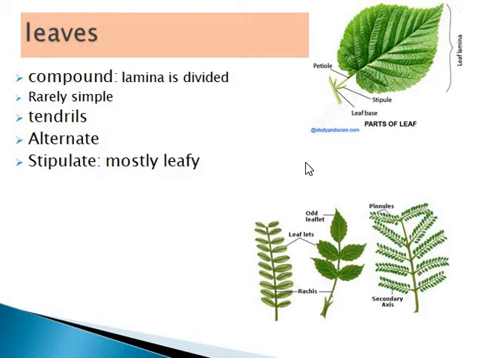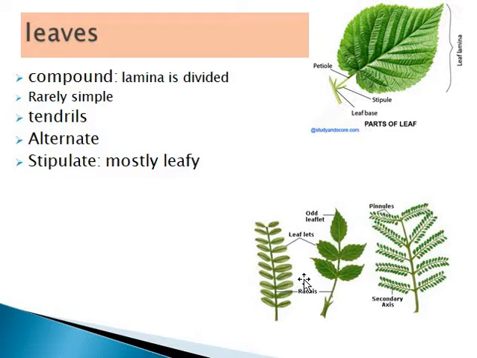If you see the leaves, they are compound. You can see this is a compound leaf. The leaf lamina is divided into small simple leaves known as pinnae or leaflets. Rarely, simple leaves are also present. This is a simple leaf: the lamina is not divided, and it contains stipules, petiole, and a leaf base.